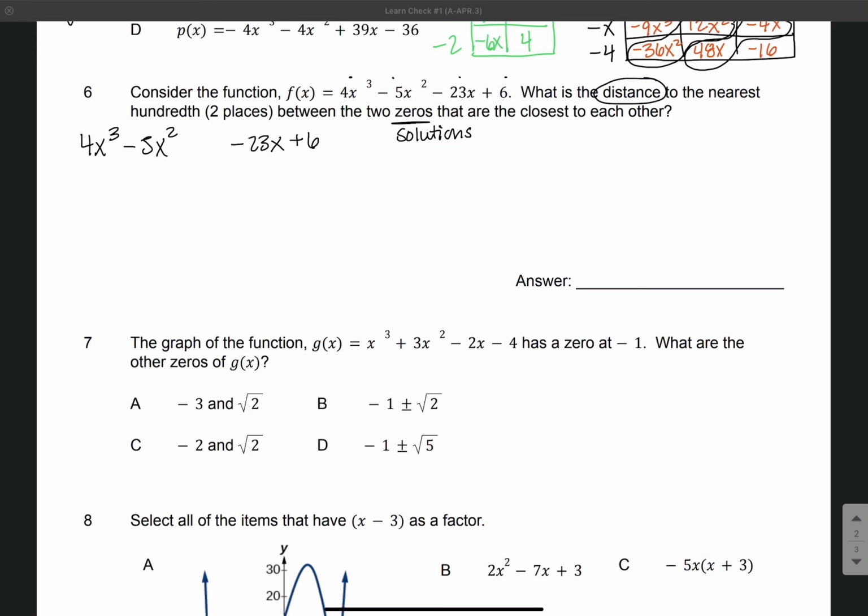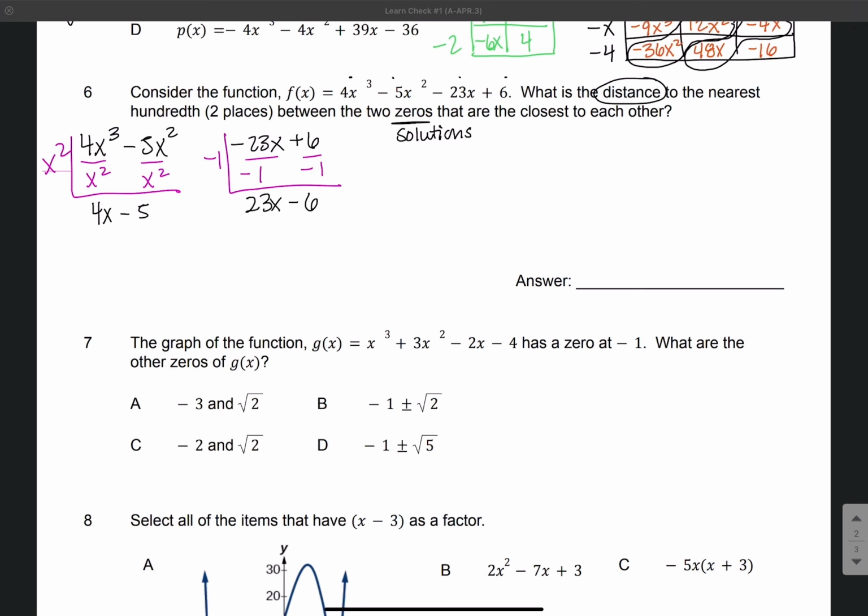We would have been able to factor out an x squared and factor out a -1. We would have actually done the division. I got 4x minus 5, and I got a 23x minus 6.